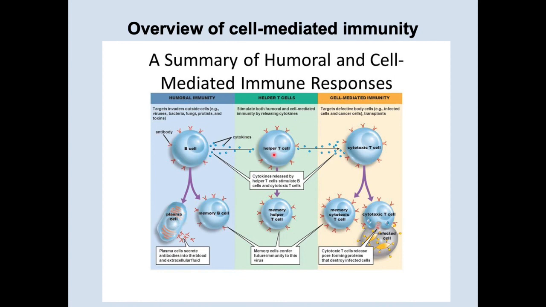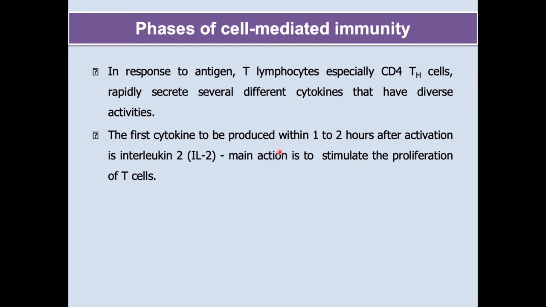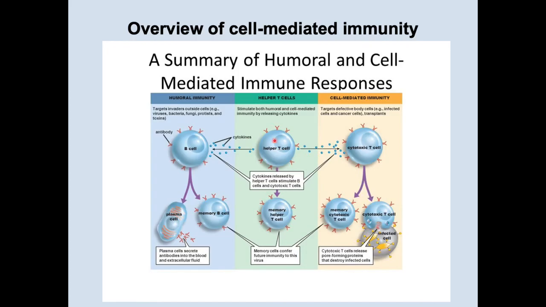So when the T helper cell is activated, it means that it has recognized a macrophage, for example. When it has recognized the macrophage, it will secrete cytokines, I mean the cell signals. Actually there are many cytokines: interleukin 1, interleukin 2, interleukin 12, 14, and so on.